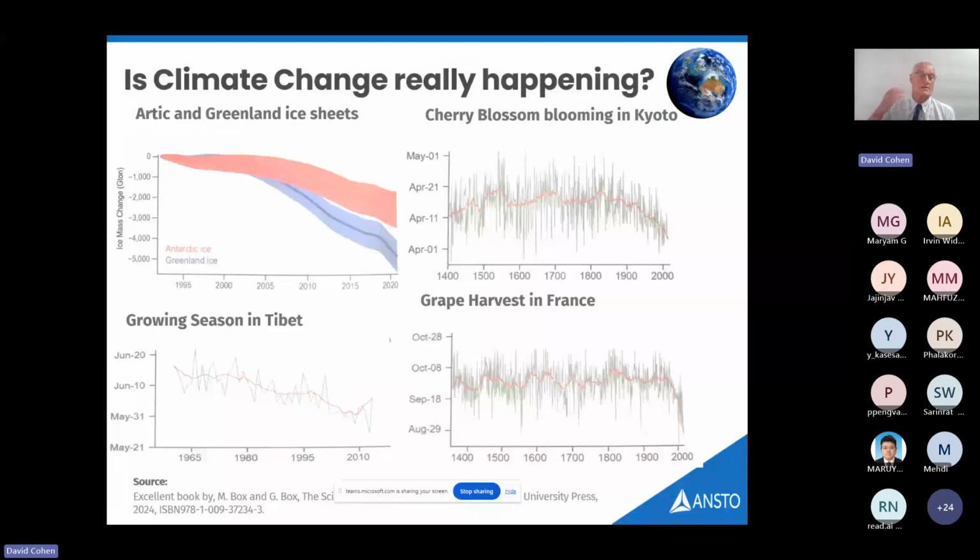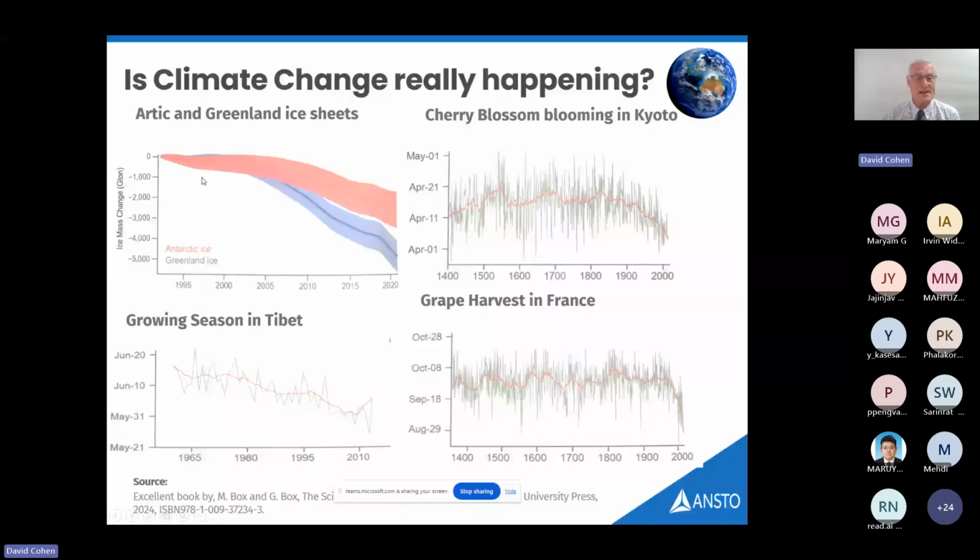Okay, I think it's also useful. I'm sure all scientists are quite convinced that climate change is real. And there's enough data around now with the IPCC and various committees and people around the world with data that climate change is real. And I've got 4 things here. I show you here the Arctic and Greenland ice sheets.